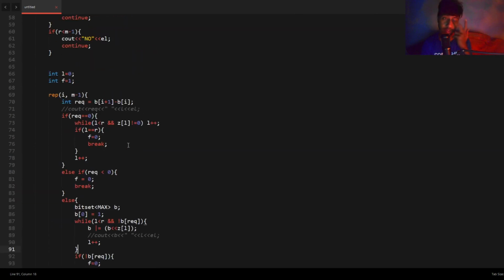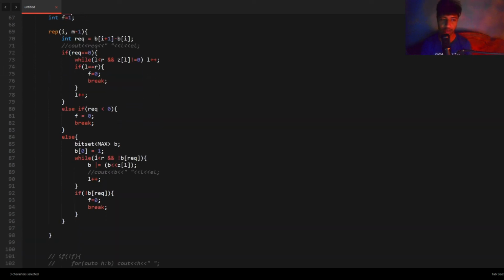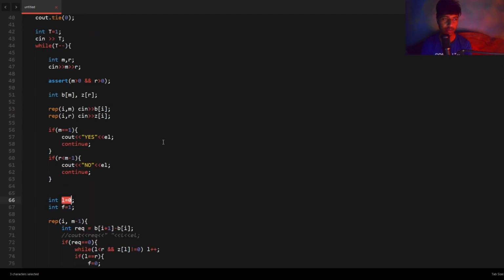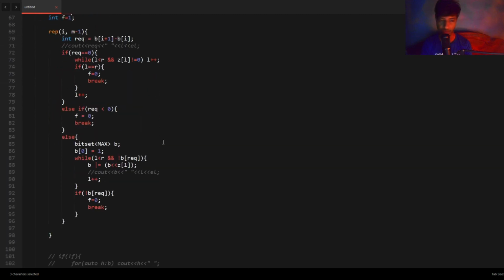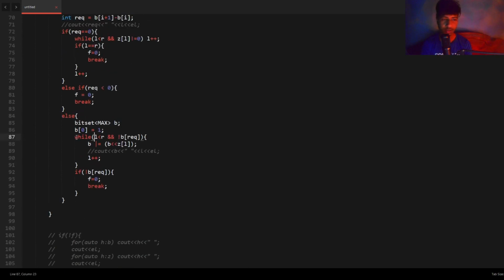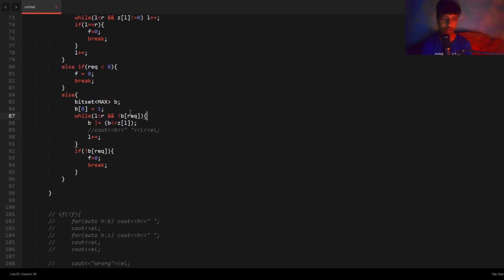L is actually the left side of the partition from which we start looking. R is the value of M, the size of Z, sorry. This loop checks if L is less than R and if not B of the required sum, right?